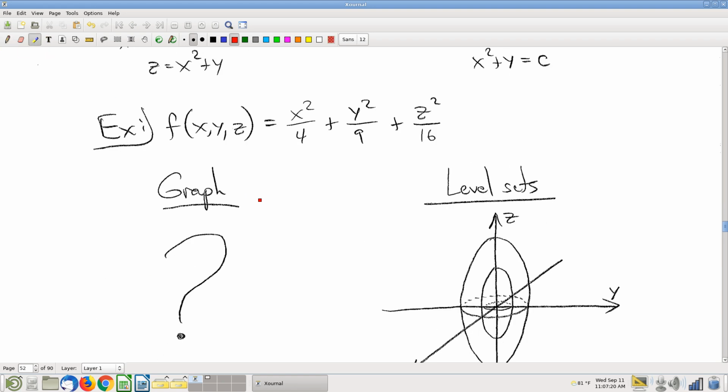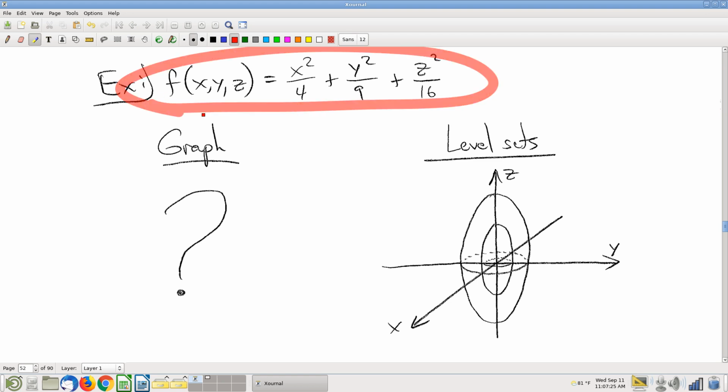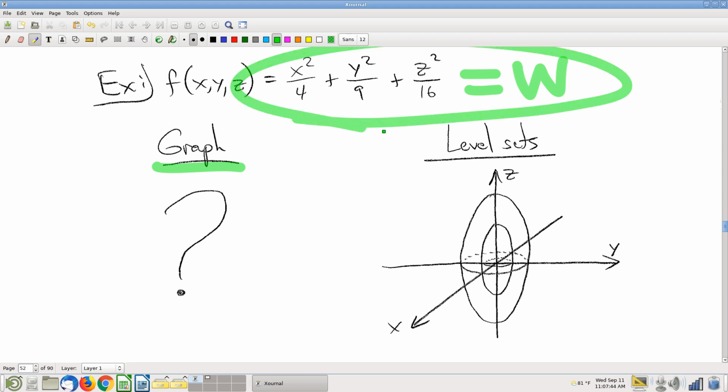Here's another example, and I'll be real quick with this one, but here's a perfectly innocent function. There's only 3 variables. It's not 7, it's just 3 input variables. And if you were to try to draw the graph of this function, how do we draw a graph? We have to set that equal to a new variable. Maybe I'd call that new variable W. This equation has 4 variables.